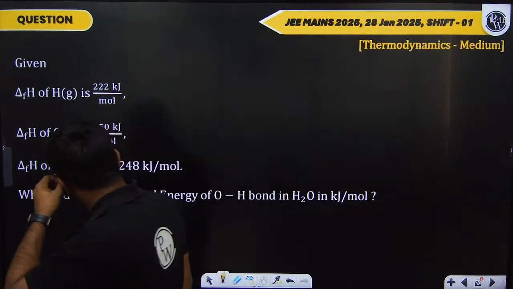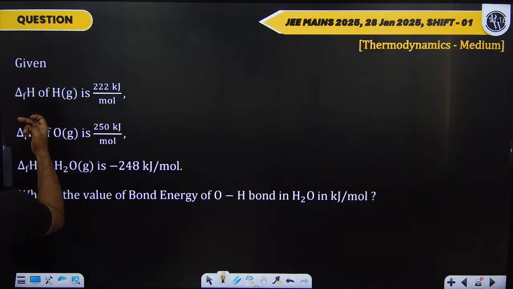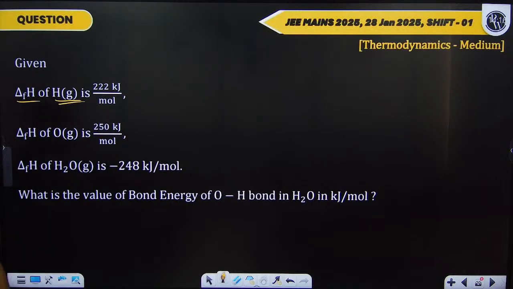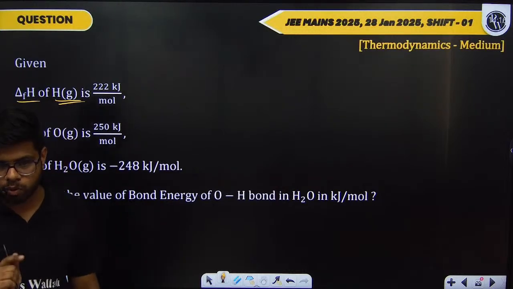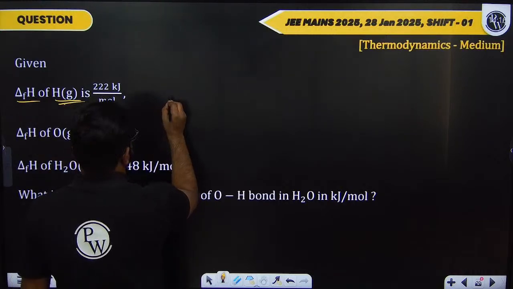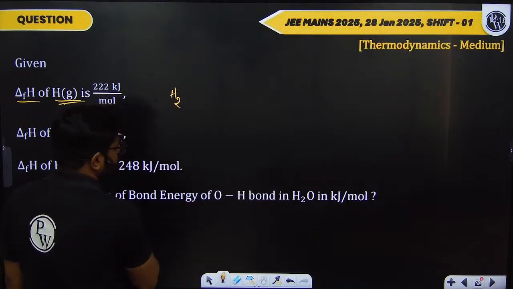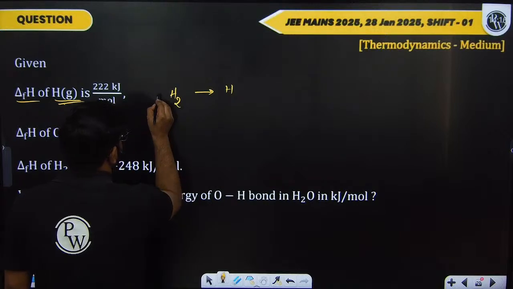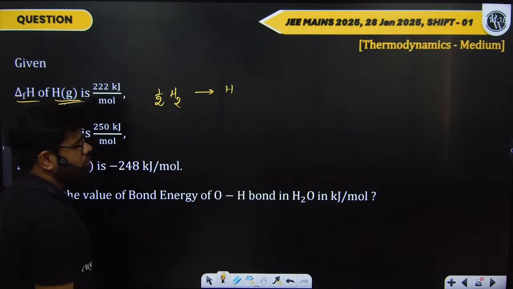What have they given in this? They have given the enthalpy of formation of hydrogen. What is the meaning of enthalpy of formation? Change in enthalpy when 1 mole of that substance is formed from its elements. Now hydrogen will form H2, correct? I am forming H2, that means I am breaking the bond.